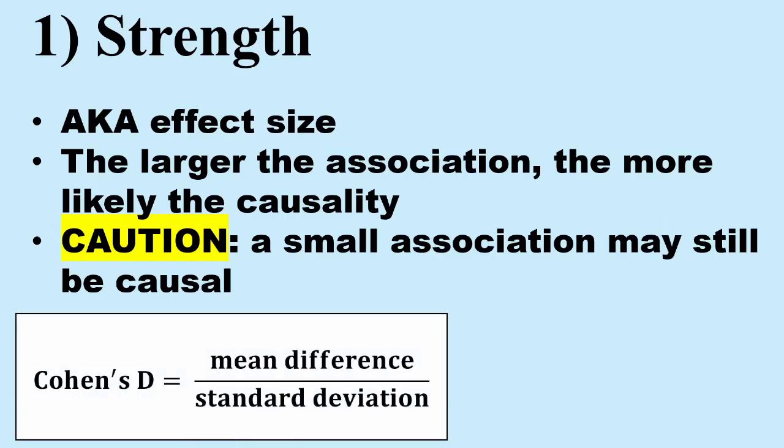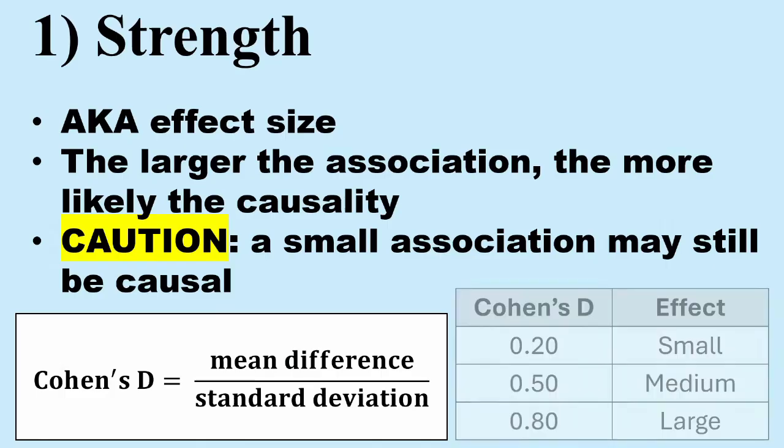Typically, you measure effect size through something like, for a t-test, Cohen's d. It's a ratio of the mean difference between, say, a treatment and a control, and the standard deviation. So signal over noise.